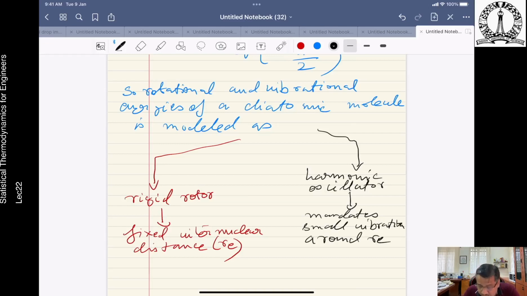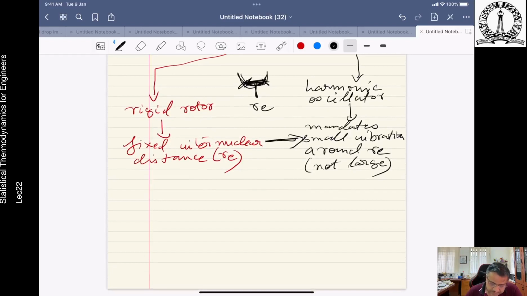Remember, small vibrations, not large. So this fits nicely into that. Around RE, this is the well, so it just vibrates around this particular level within a particular band.